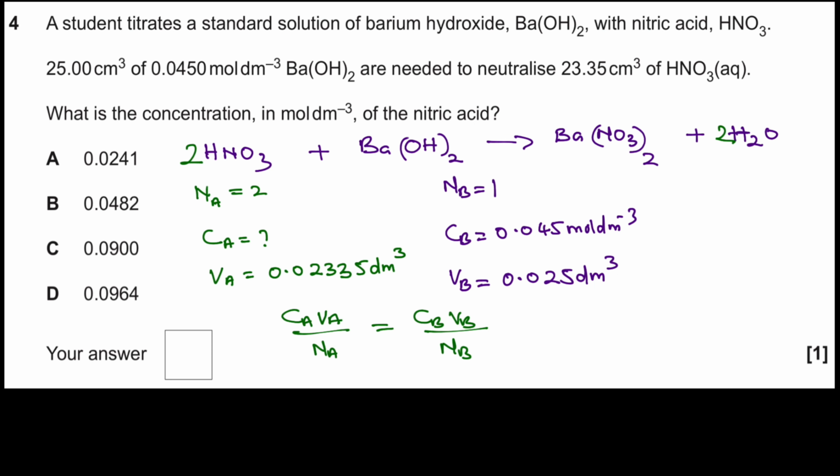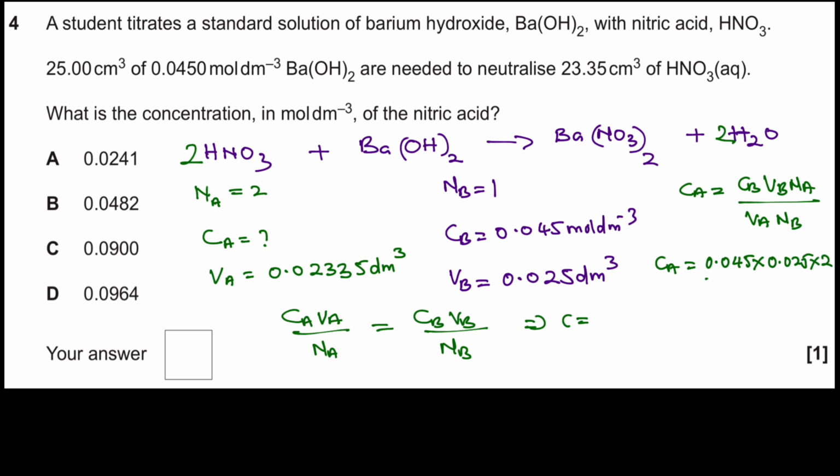We know we're looking for Ca, and that implies that Ca equals Cb Vb Na over Va Nb. Ca will be equal to, so we've got Cb, which is 0.045 times Vb, 0.025 times Na.